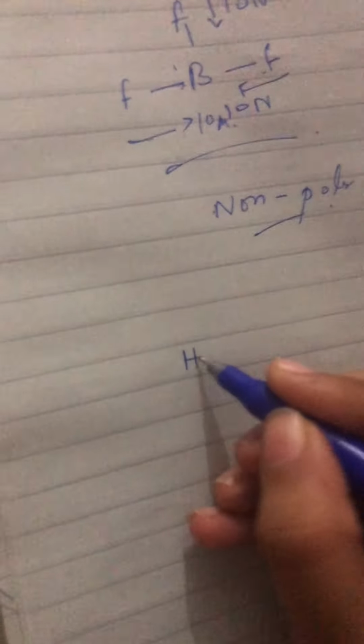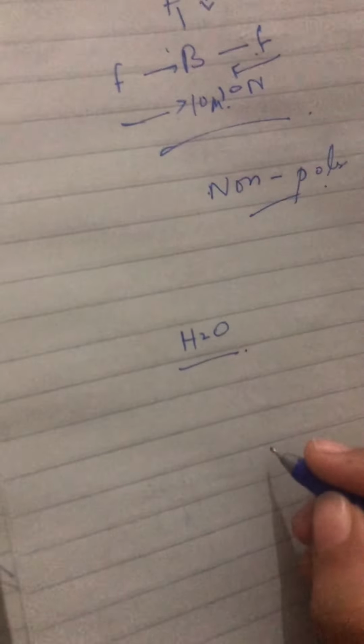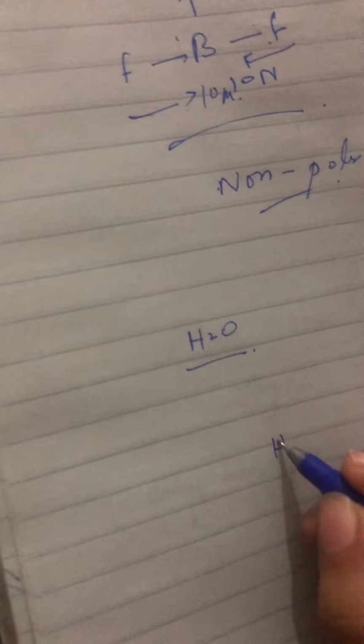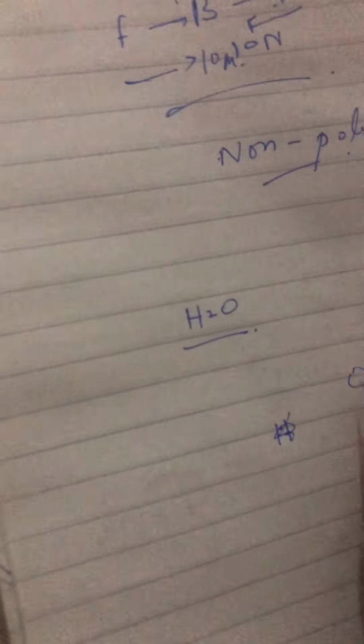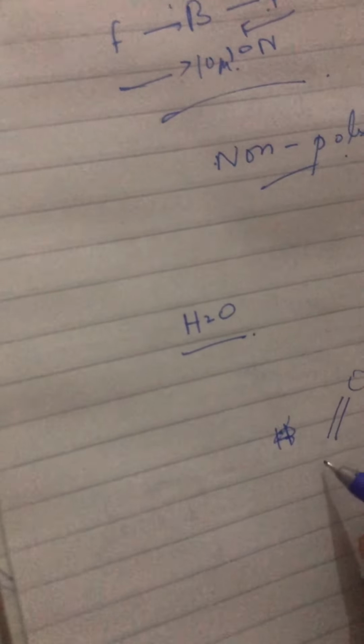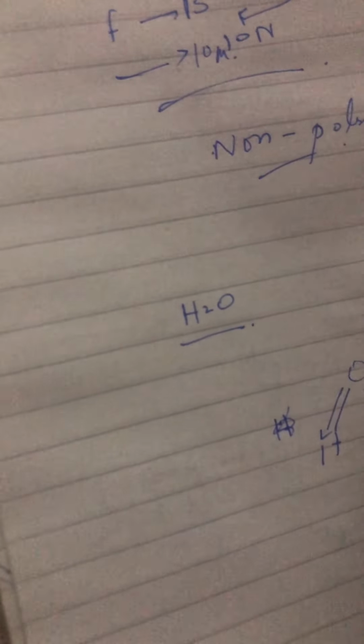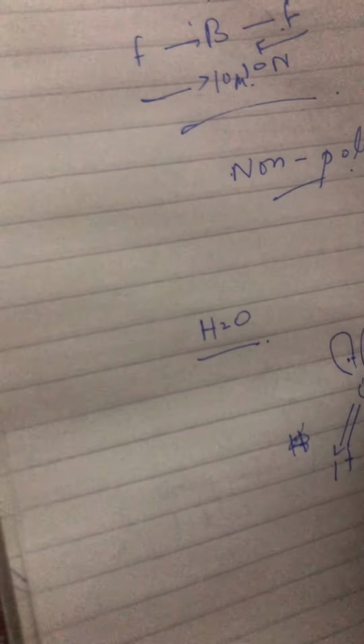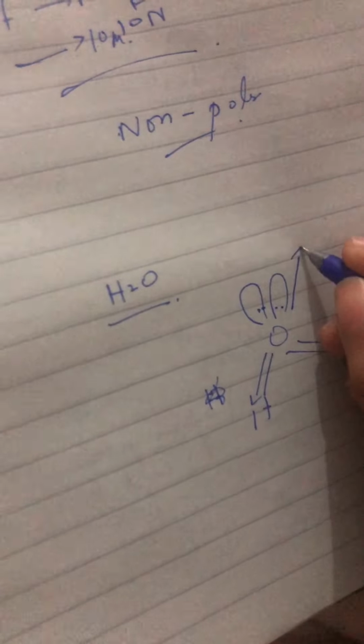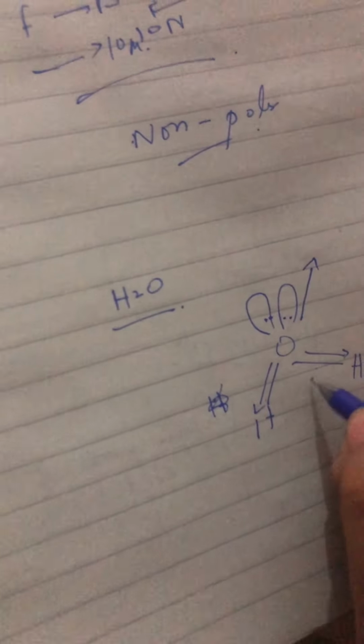Now if we talk about another example like H2O, here oxygen has two lone pairs. As I mentioned before, a lone pair of electrons exerts higher force, so these will exert higher force than the other two.